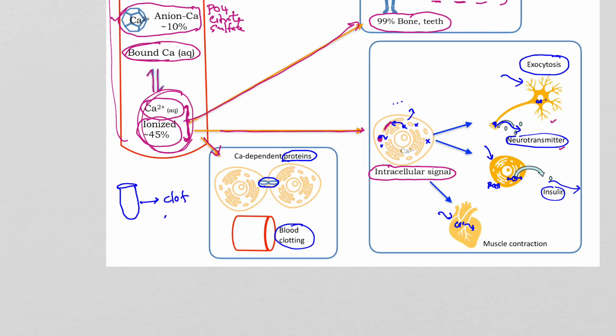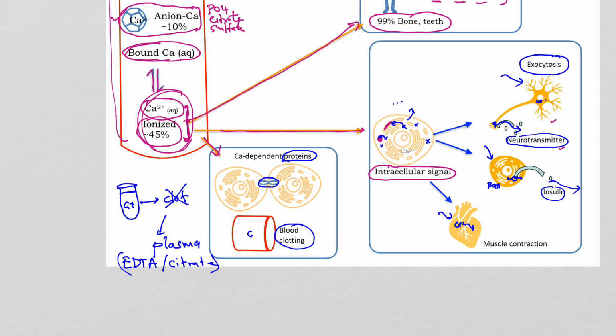For example, when we want to prepare plasma, we simply add something like EDTA, which is a chemical that binds calcium very strongly, or citrate. EDTA or citrate will bind the calcium in our sample, and the calcium is not available for these blood clotting proteins, and the blood will not clot.